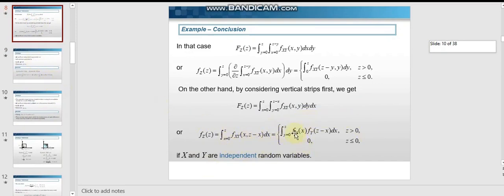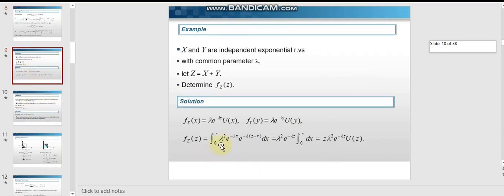So here, by applying the convolution formula, I will plug in the marginal PDF of random variable x and the marginal PDF of random variable y.